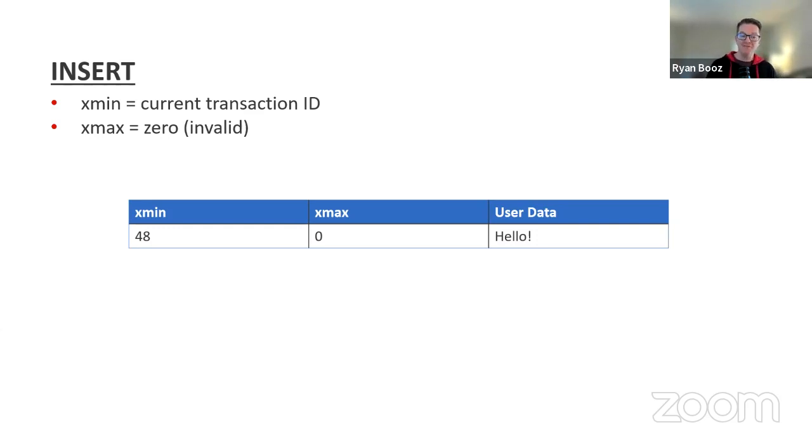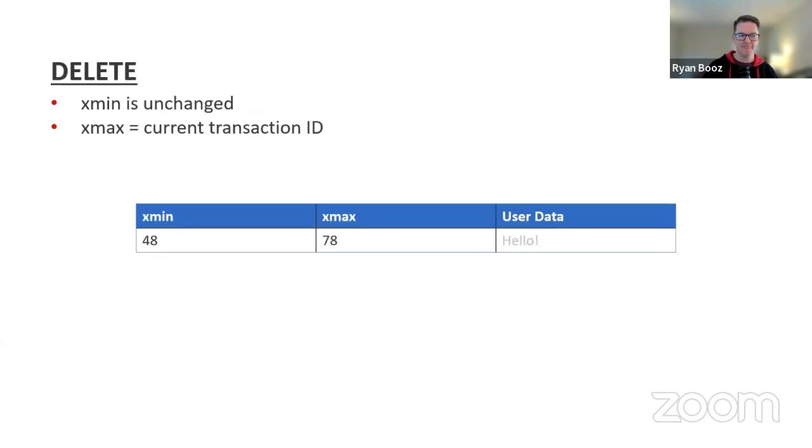So xmax, if it is populated, means the row is deleted or the row is updated. And we'll talk about what that means in just a minute. You can select this row of data from your table, and you can select the xmin and xmax column. By default, when you say select star, these special columns are not returned, right? But they are always present for every row and every table in Postgres.